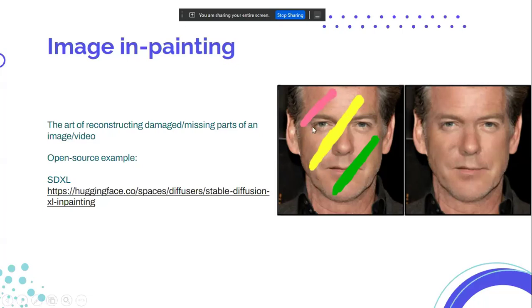The image is damaged, but if you pass it through an image inpainting algorithm, it might be able to replace those damaged pixels and reconstruct the image to almost 100% of the initial image. Here we have a lot of examples of open source models for image inpainting.